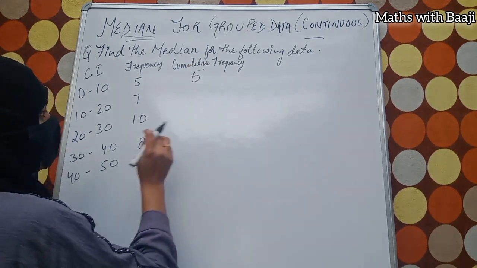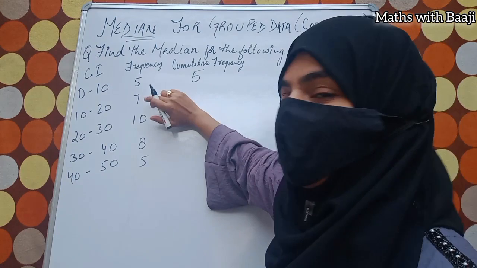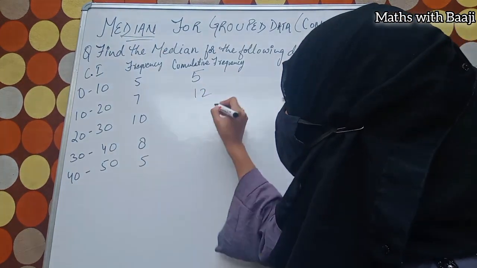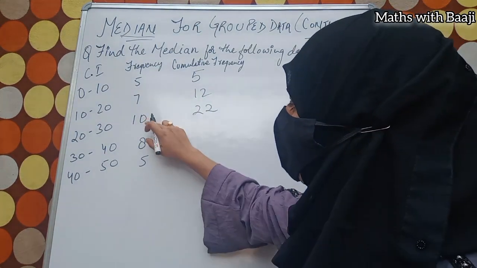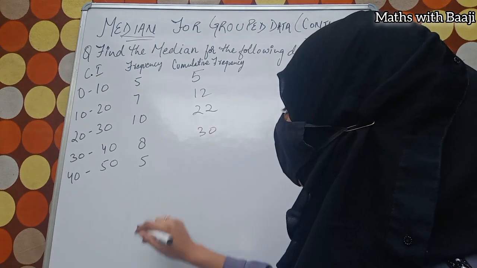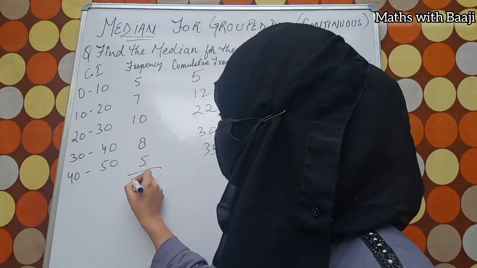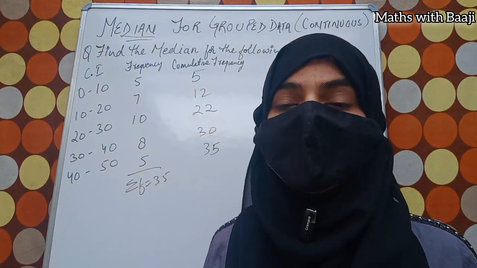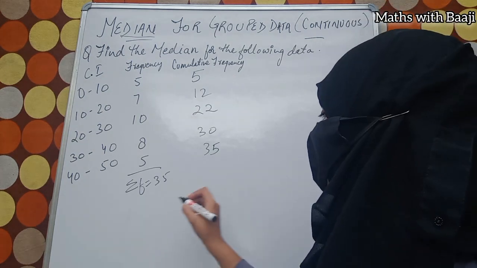In the next case we will add this 5 with the next one. 5 plus 7 will give 12. 12 plus 10 will give 22. 22 plus 8 will give 30, and 30 plus 5 will give 35, and summation f will be 35.